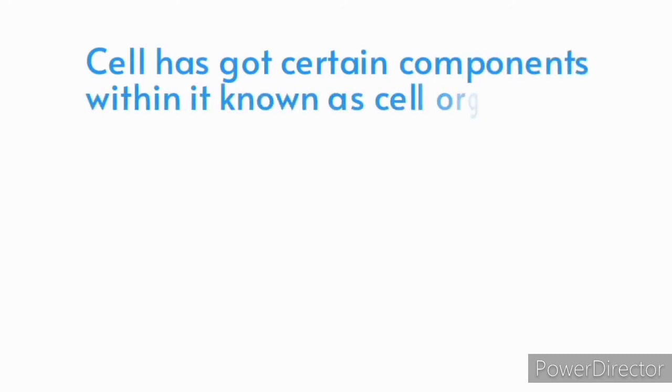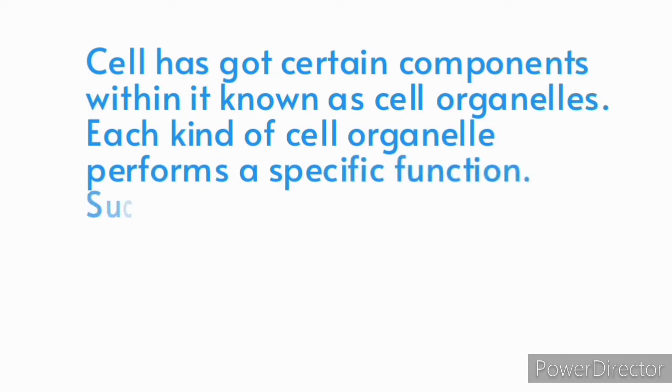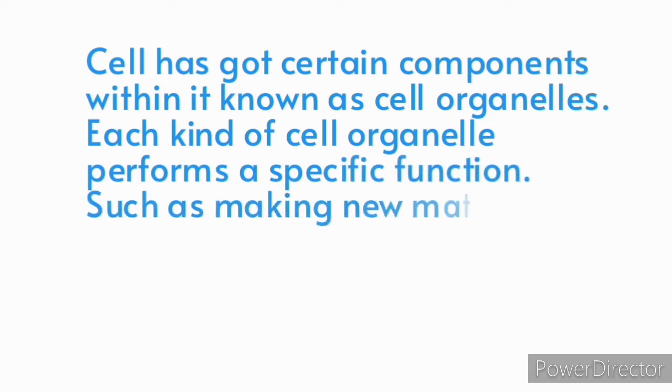So, a cell has certain components known as cell organelles. Each kind of organelle performs a specific function. Specific means particular, such as making new material in the cell, clearing the waste, pumping the blood, digestion of food, and many other functions.